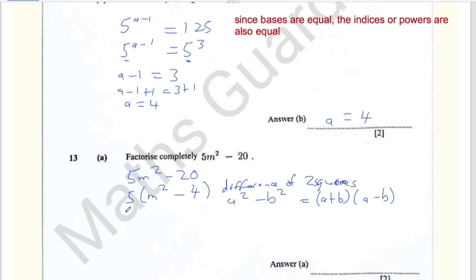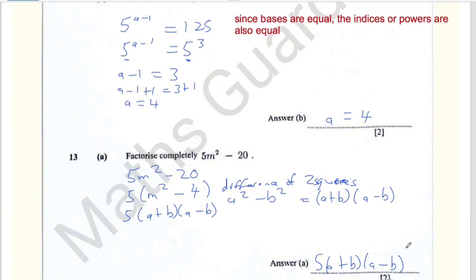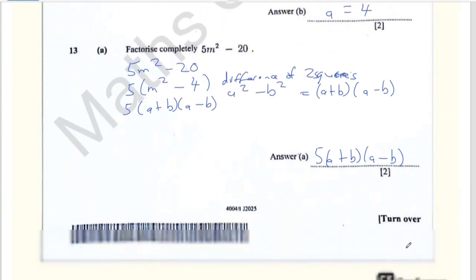When you factorize it, it's going to be a plus b bracket a minus b. So m squared minus 4 factorizes in the same way. We factorized it, breaking it down to its simplest factors: 5 bracket m plus 2 bracket m minus 2.